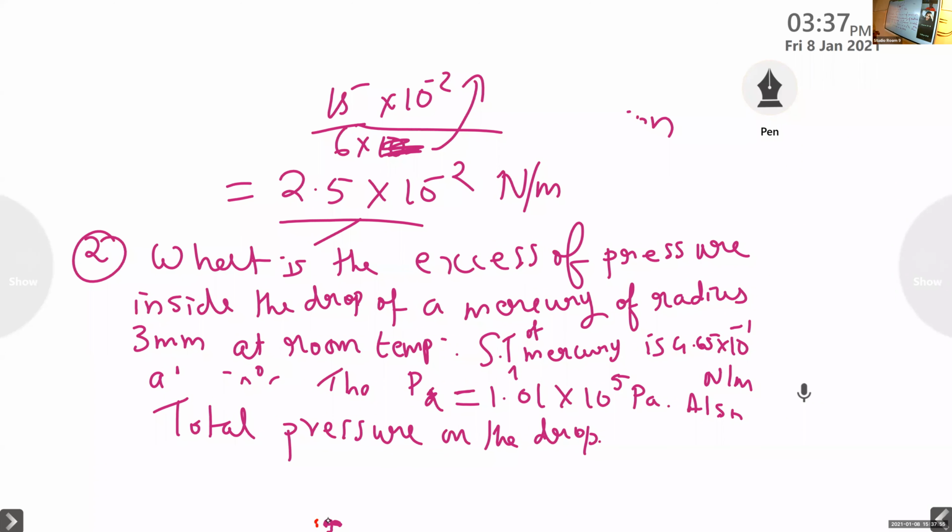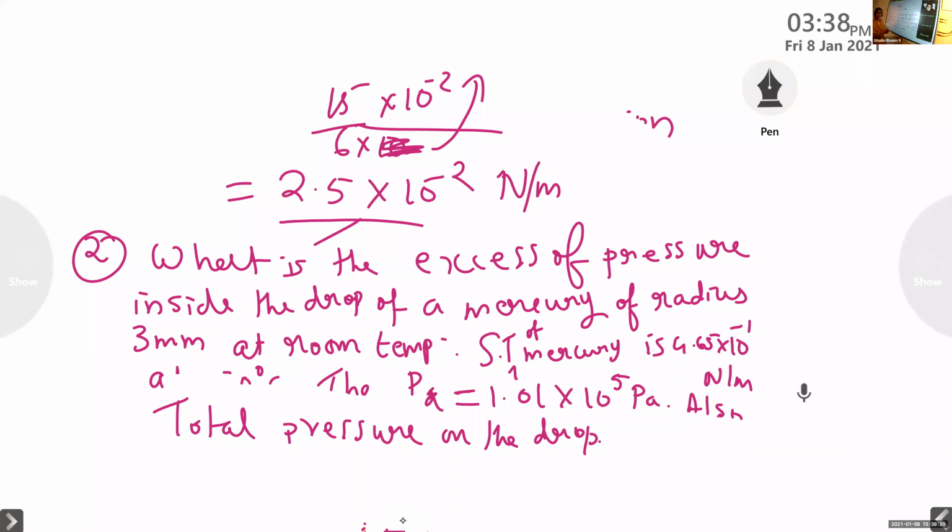Okay. So we have learned the equation 2S by A cos theta, but here there is no angle of contact. So there is no component. Excess of pressure means the difference between the outside pressure and the inside pressure. Outside, atmospheric pressure is exerting; inside, the mercury molecules.